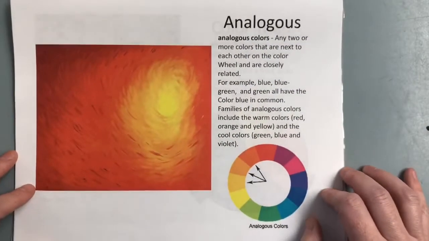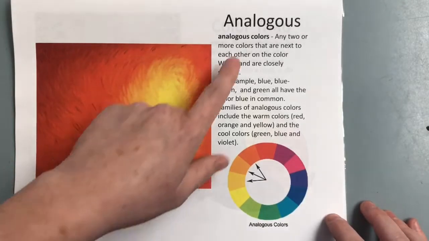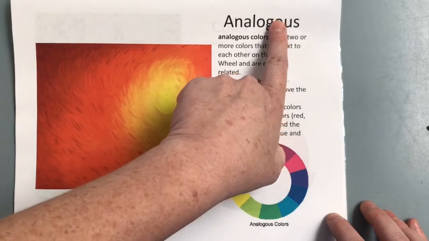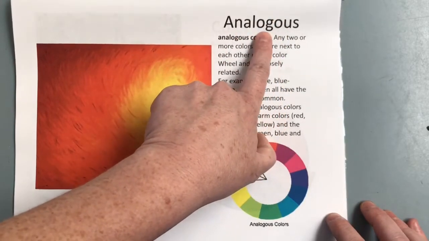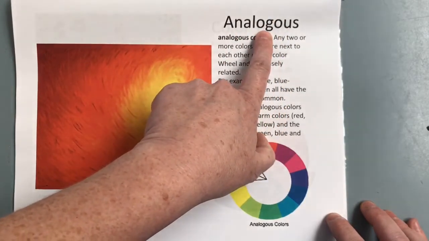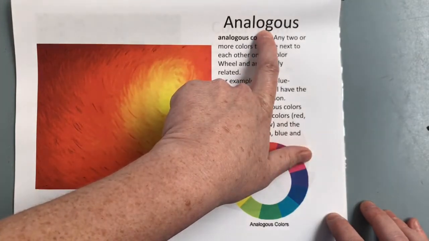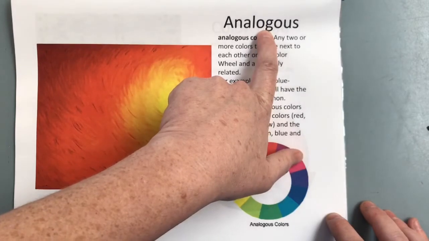Analogous colors. Think of the word analogy in your English classes. What's an analogy? Analogies are when in English, it's when you're comparing things to each other. So this burrito is as hot as the sun.